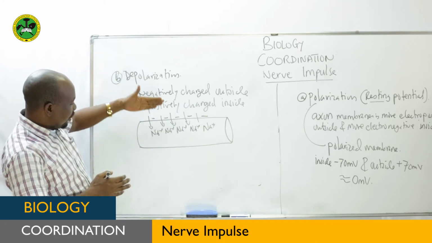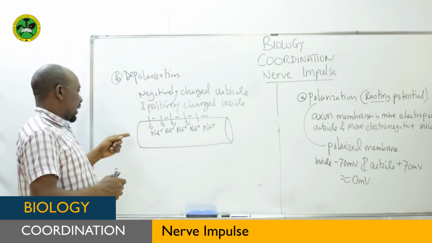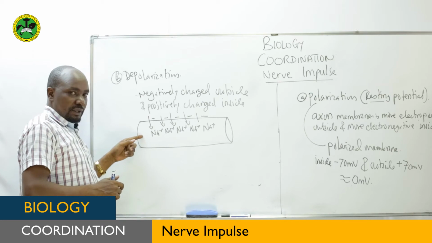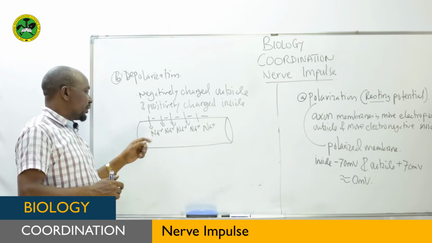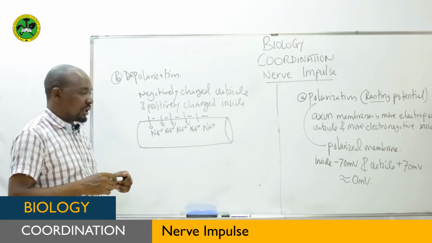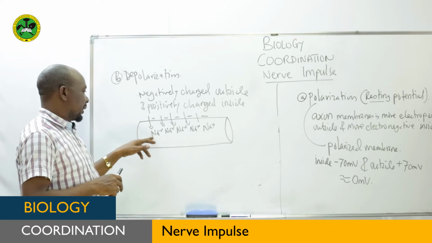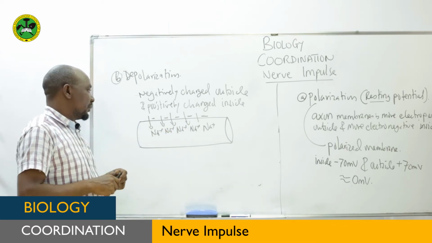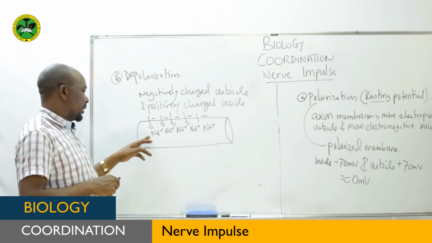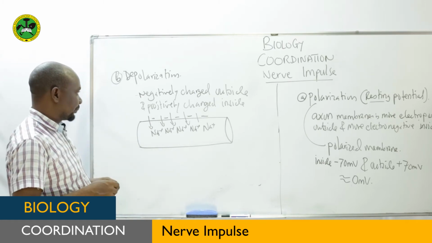Meaning that the sodium ions, which were outside, after the disturbance, the gated channels for the sodium ions open, allowing the sodium to enter the axoplasm, making the inside positively charged and the outside negatively charged.